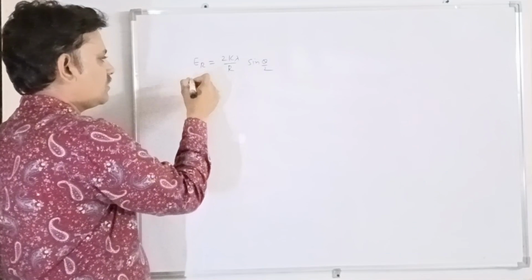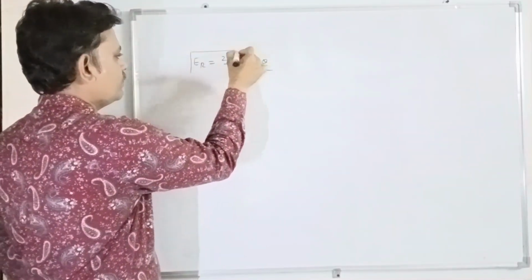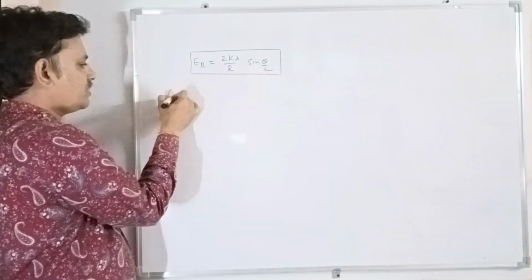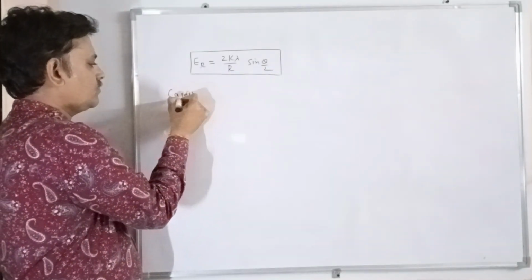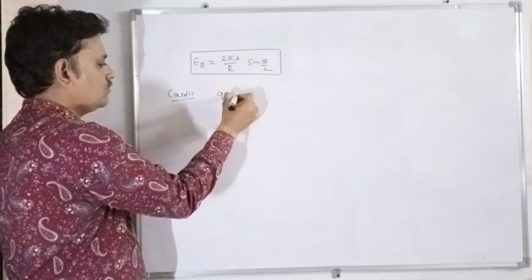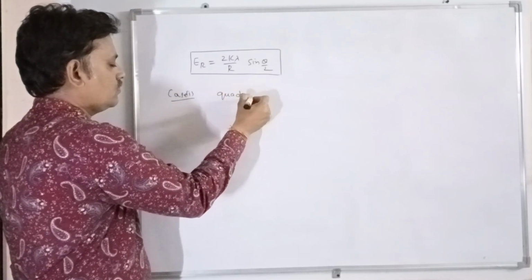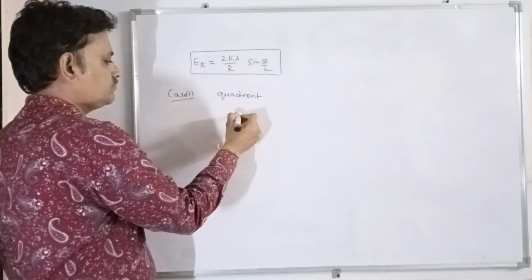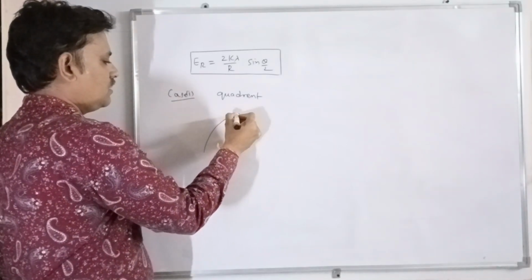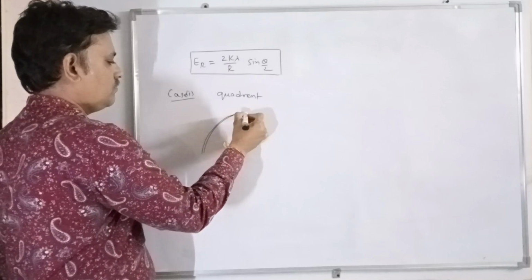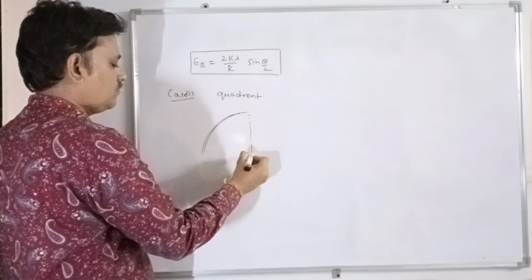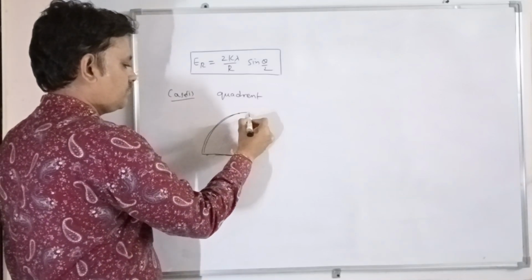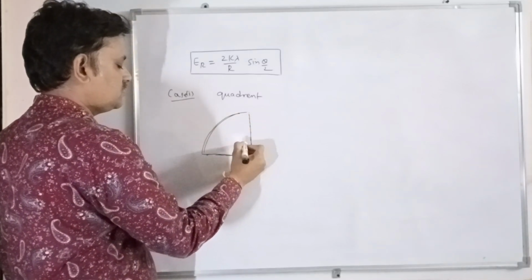Suppose we take a quadrant, an arc that makes an angle pi by 2 at the center, which is nothing but a quadrant.